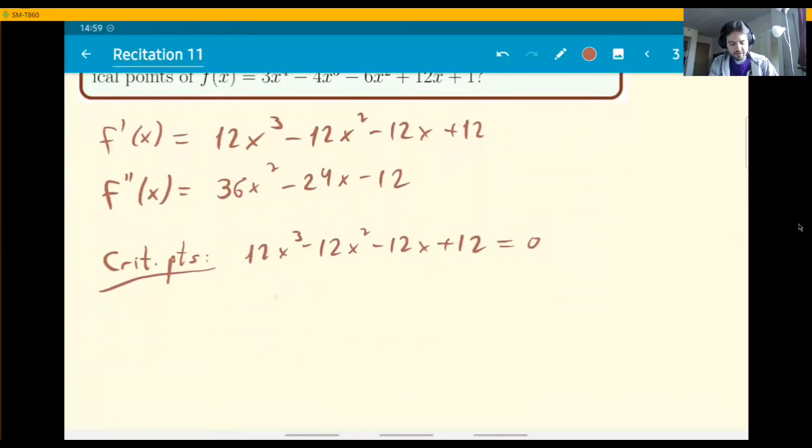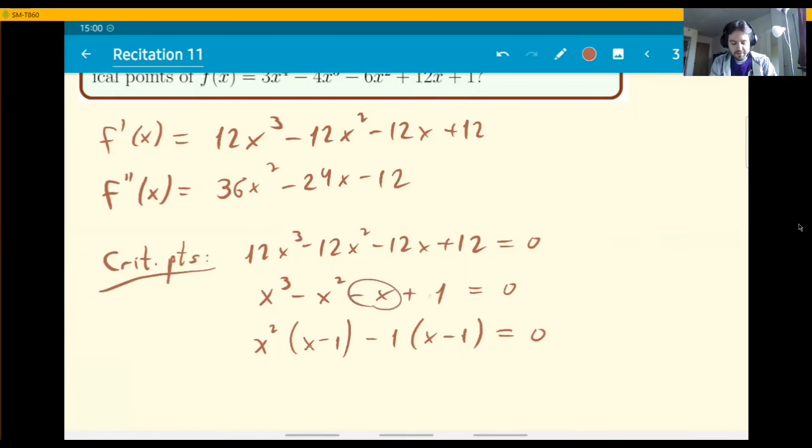You can see that you can factor a 12. There's a 12 everywhere in this function. Am I getting the signs right? Yes. So now this is a cubic polynomial. Usually you don't know how to factor that. It could be complicated, but this one is very easy. If you factor x squared from the first two terms, and then minus 1 from the other two terms, so this minus x plus 1 becomes plus x minus 1.